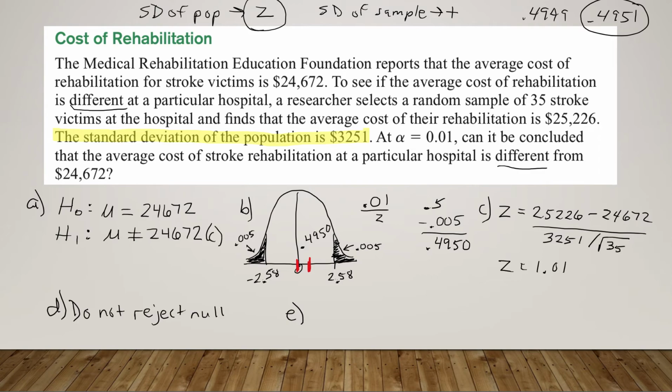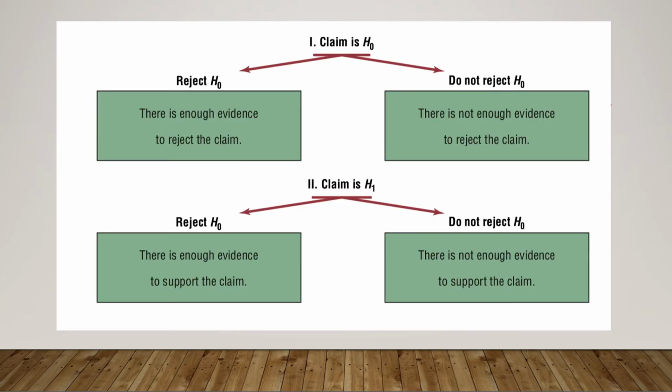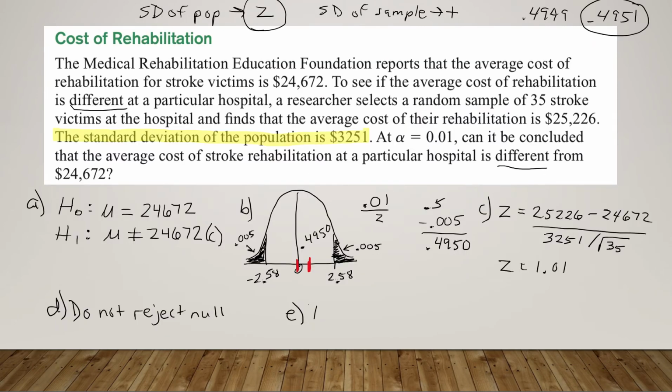Okay, so I know that the claim is H1, and we said do not reject. So I'm going to go back to my chart. Claim is H1, that's here. We said do not reject. So here's my statement that I would want to write down: there's not enough evidence to support the claim. And that will be my conclusion.